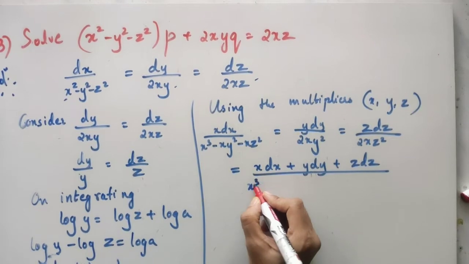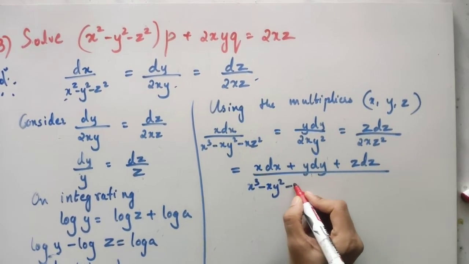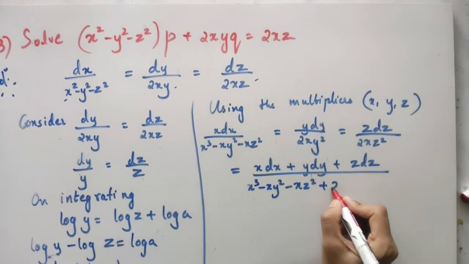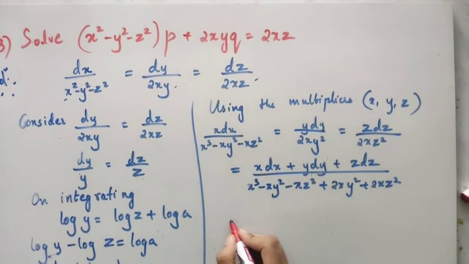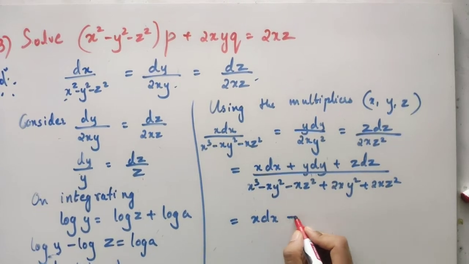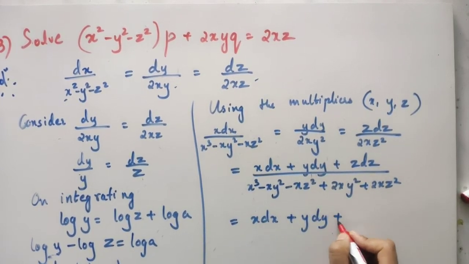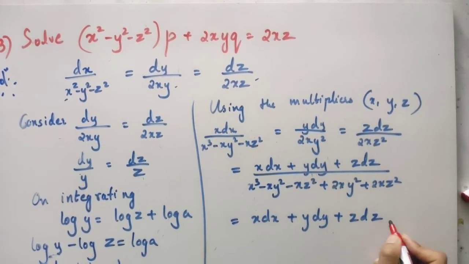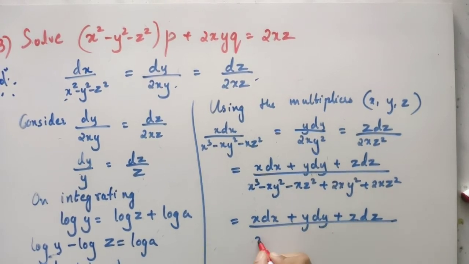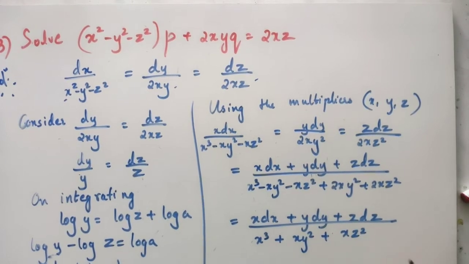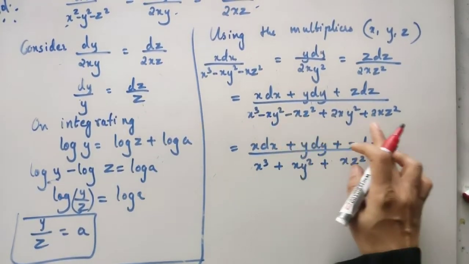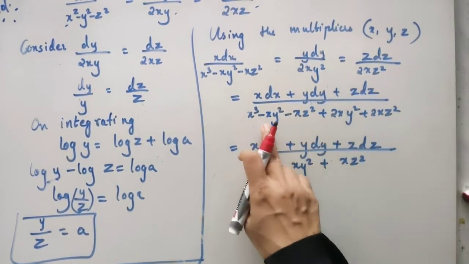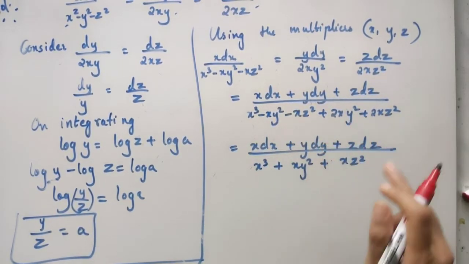So you'll get x³ − xy² − xz² + 2xy² + 2xz². Now, if you simplify, it will be x dx + y dy + z dz divided by x³ as it is, plus xy² + xz² you are left with, minus xz² + 2xz² minus xy² + 2xy².